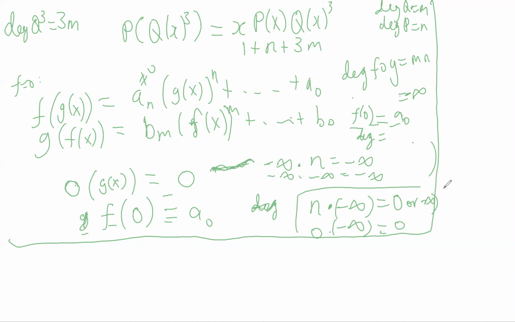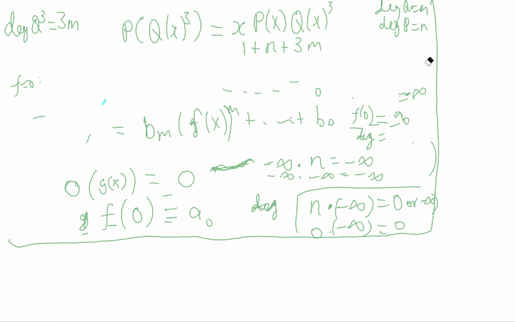Okay. And so if you know that that's how composition works, and because we know that Q is not a constant and P is not a constant, then the degree here will be n times 3m. Okay.